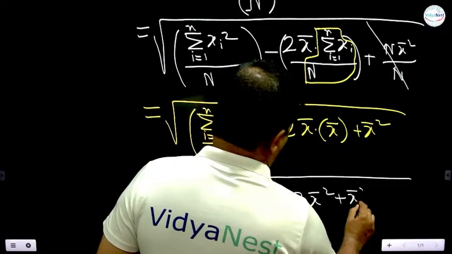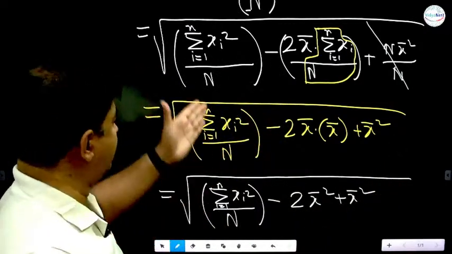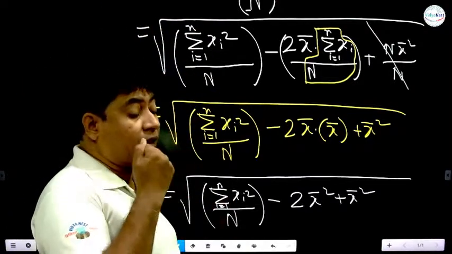Plus x bar square. So if you go through this derivation, then you will get a grip on statistics.